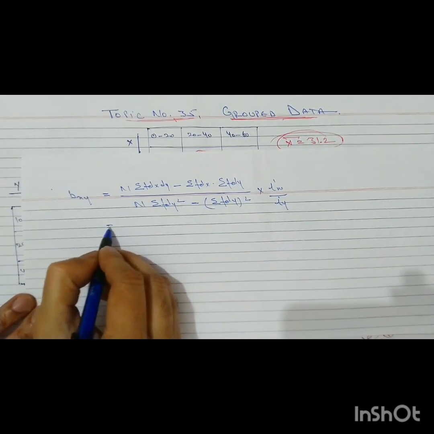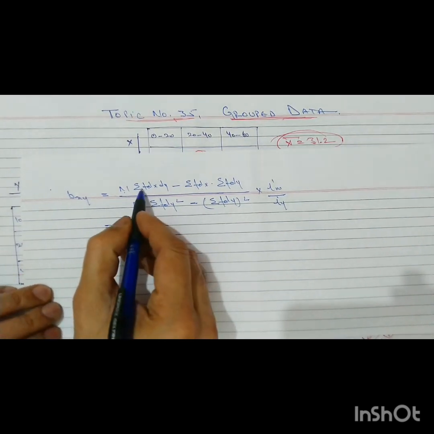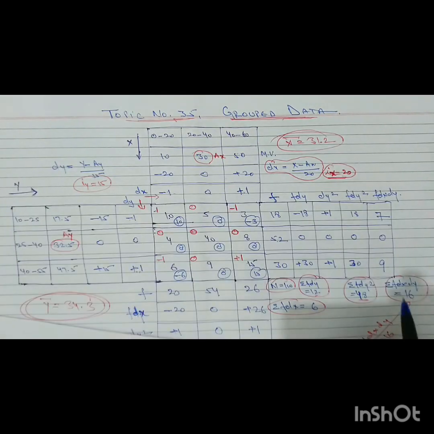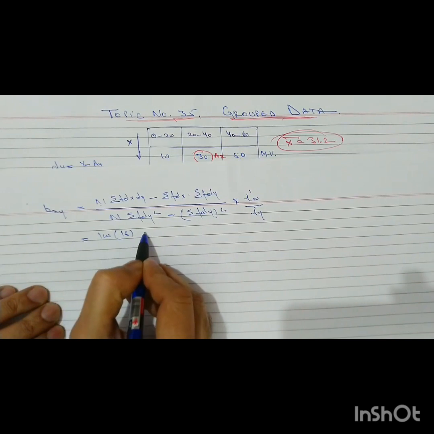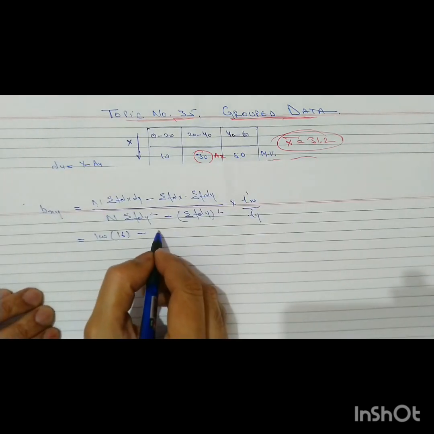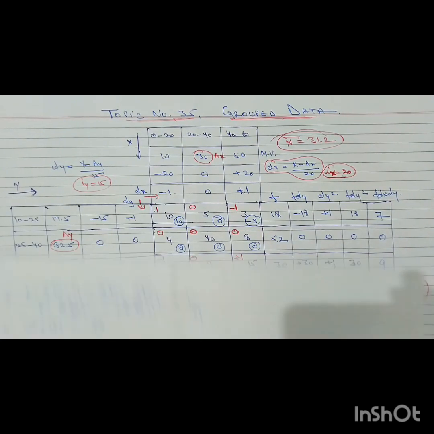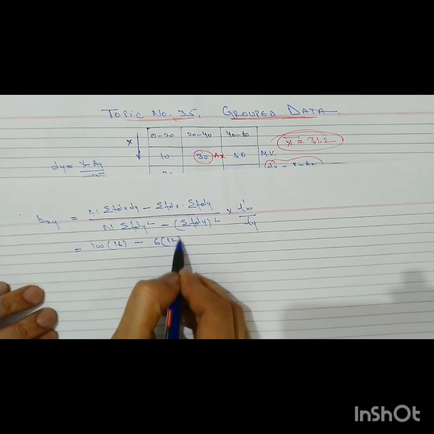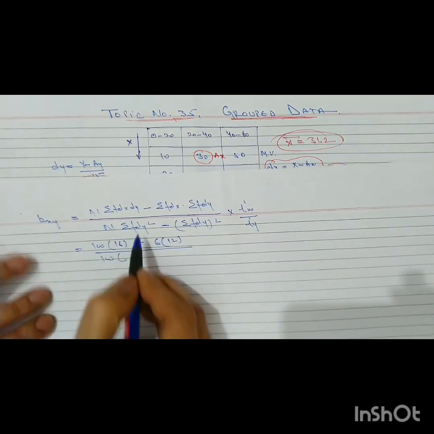By putting all these values, we get n equals 100 into summation f dx dy. Summation f dx dy is 16 minus summation f dx, which is 6, into summation f dy, which is 12, over n, which is 100, into summation f dy square.